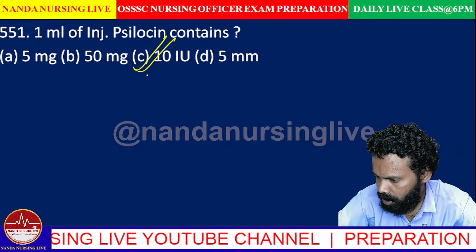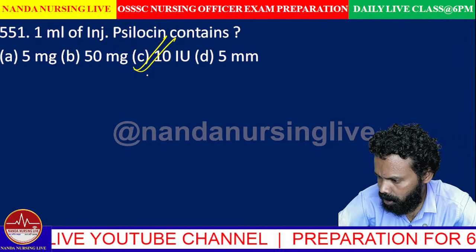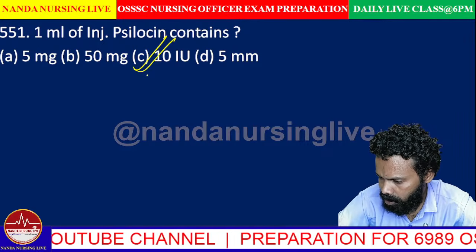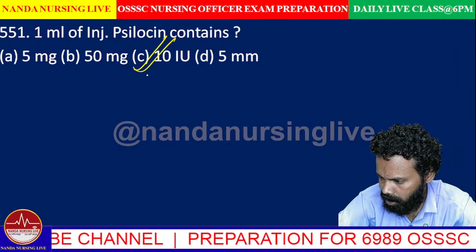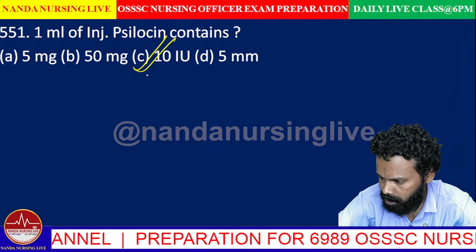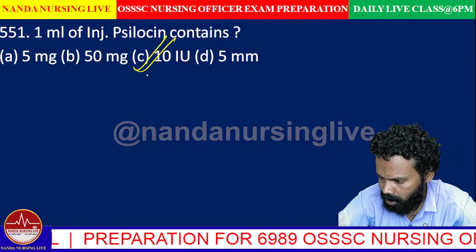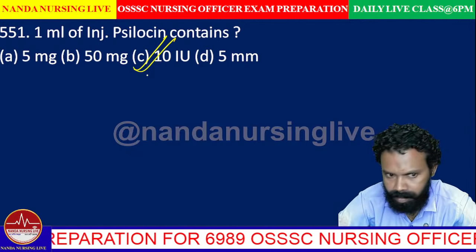How is Pitocin prepared? 1 ml contains 10 units of oxytocin, mixed with 1000 ml of 0.9% normal saline or Ringer's lactate, right?